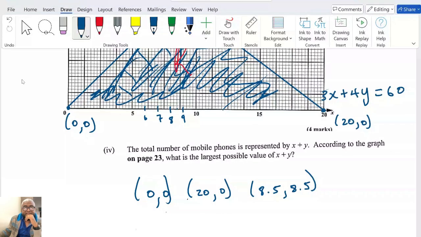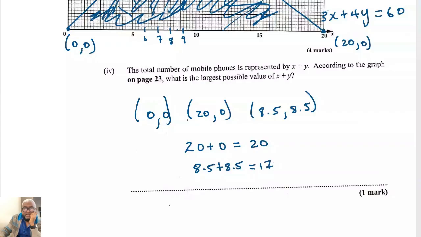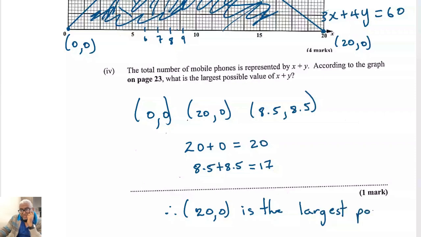Would it be 20 plus 0 or 8.5 plus 8.5? 20 plus 0 is 20. 8.5 plus 8.5 is 17. So therefore 20, 0 is the largest possible value.